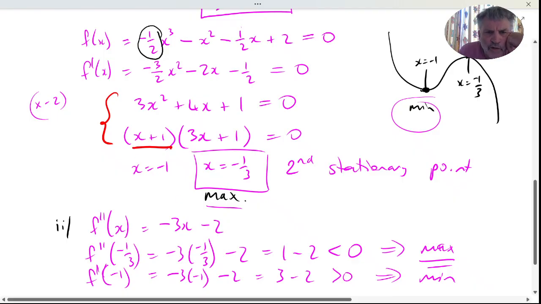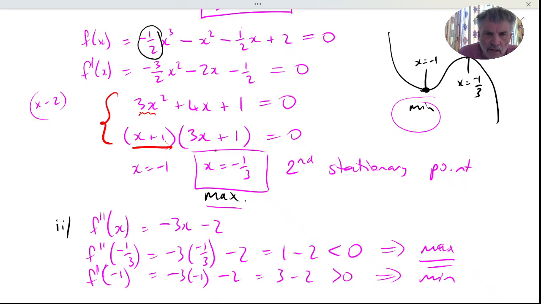We're told that this is a minimum, so I need to just find what that needs to multiply to give this. To get 3x squared, I have to have a 3x term here. 3x times x is the 3x squared term. Then that gives me plus 3x, but I want plus 4x, so I have to add another 1. That tells me the right thing here. And then just the last bit is a double check. 1 times 1 gives 1.